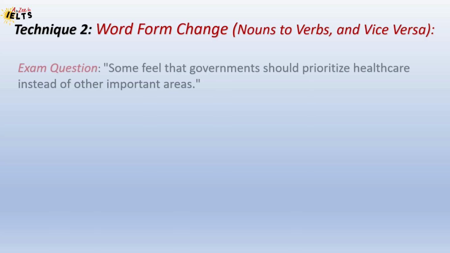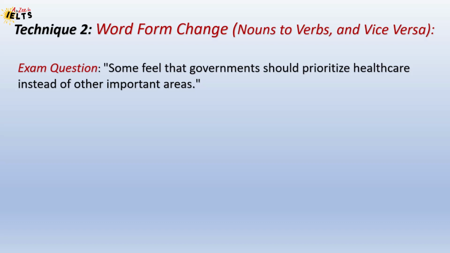Next is technique 2, that is word form change, meaning from nouns to verbs and vice versa. The second technique revolves around changing word forms, such as converting nouns into verbs or vice versa, without altering the core message. Let's take an example. Some feel that government should prioritize healthcare instead of other important areas.